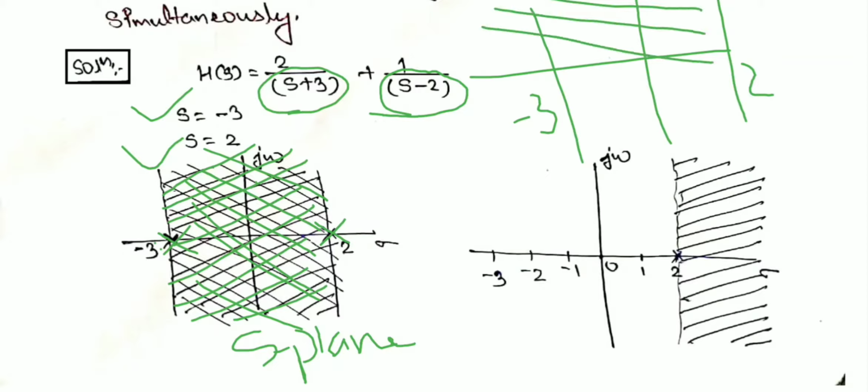It is also possible to draw another possibility, if we plot one option like that, considering less than minus 2, but in the ROC property we know that the ROC must not contain any pole. If the ROC is less than 2, then it contains minus 3 and it is not possible, so it is wrong.